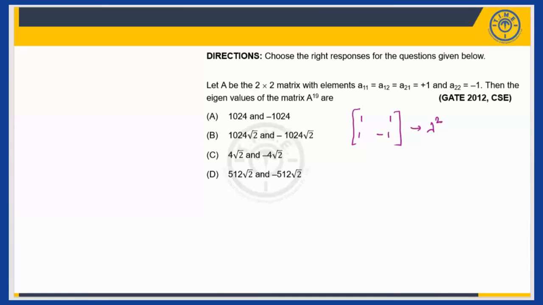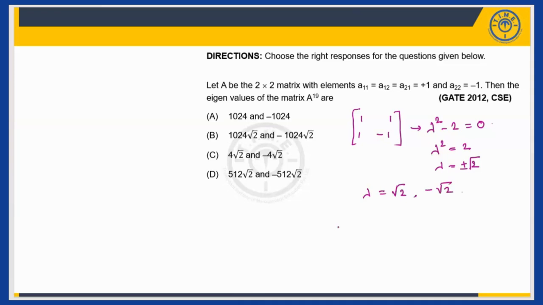Lambda square minus trace, which is 0, and det is -1 -1 = -2. So lambda square equals 2, so lambda equals plus or minus root 2. So the eigenvalues are root 2 and negative root 2.